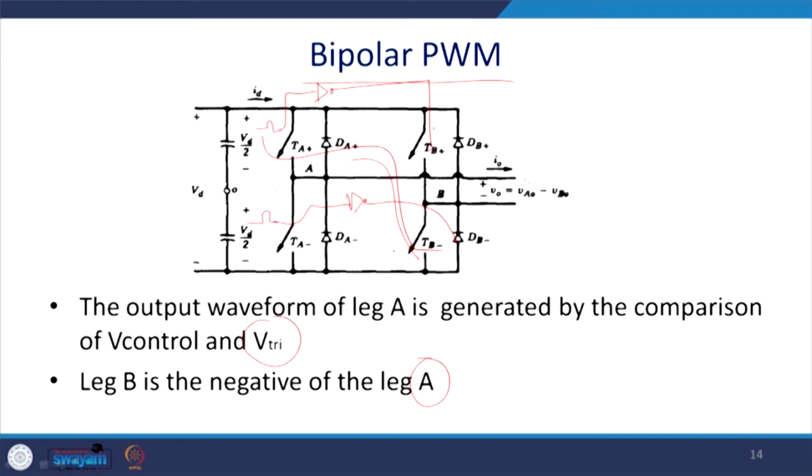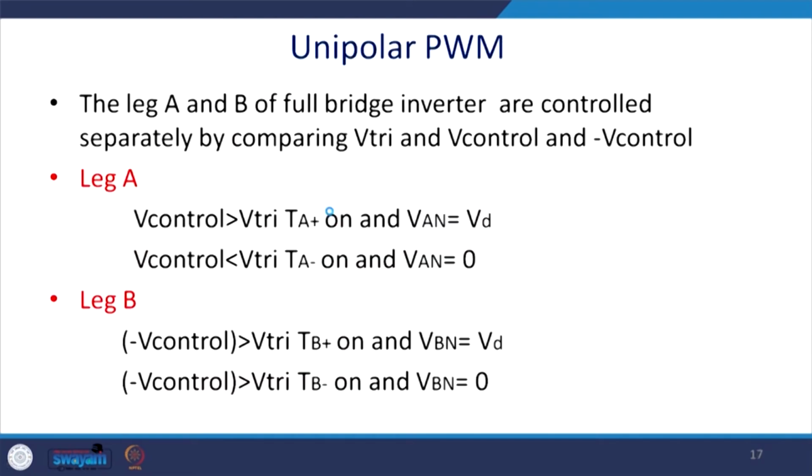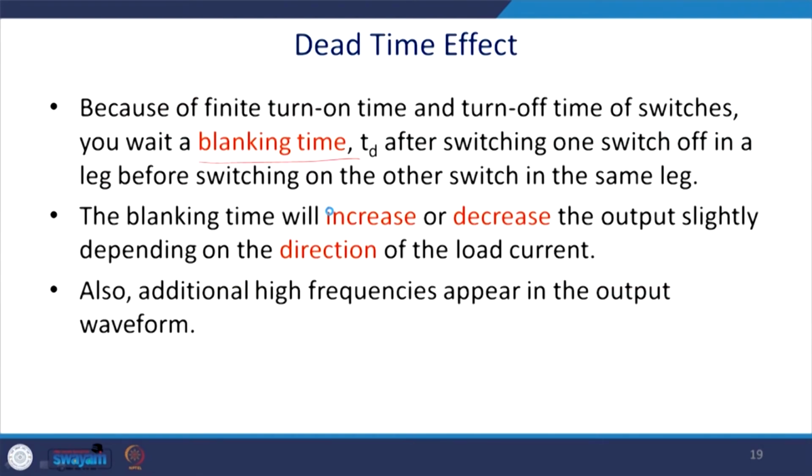If this is the current flowing and you turn on this, first it will go off, the diode will take up, then you can change the direction of the current. So, you wait for that, which is called the blanking time TD, after switching one switch off in a leg before the switching of the other switch of the same leg.